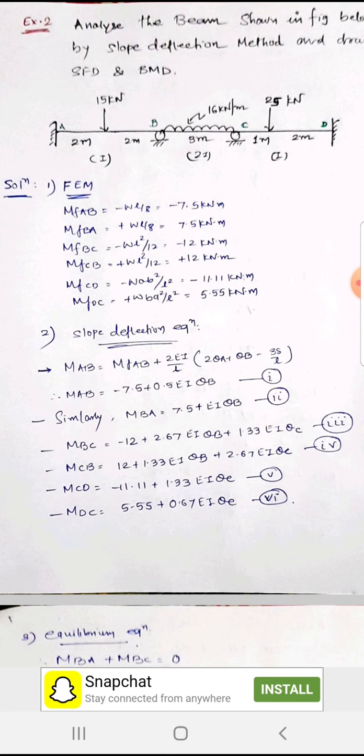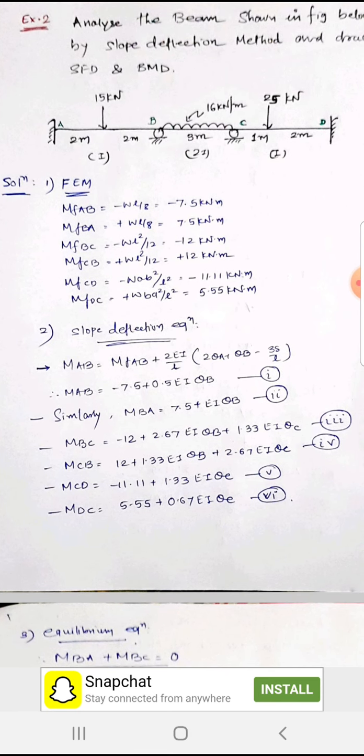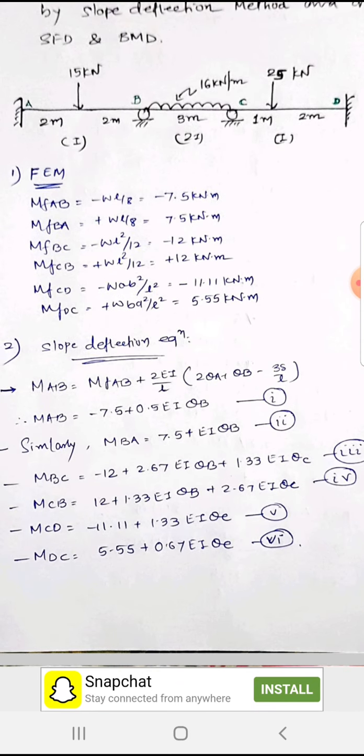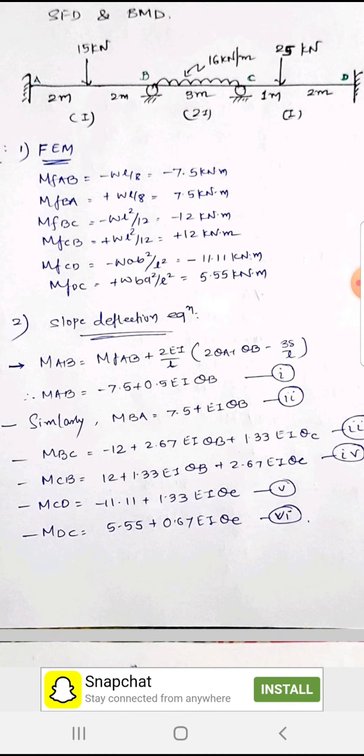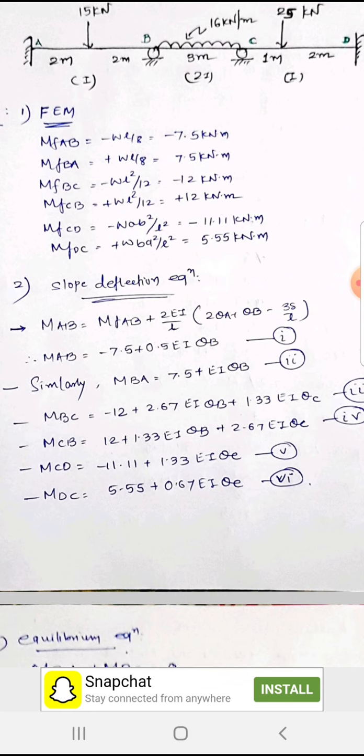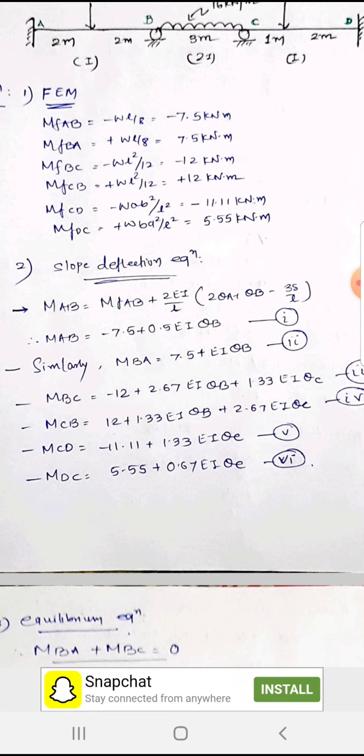So we have all the steps. In our first step, that is fixed end moment, and how we can get that, we know. For MFAB it is minus WL by 8, MFBA plus WL by 8, MFBC minus WL squared by 12, MFCB plus WL squared by 12.